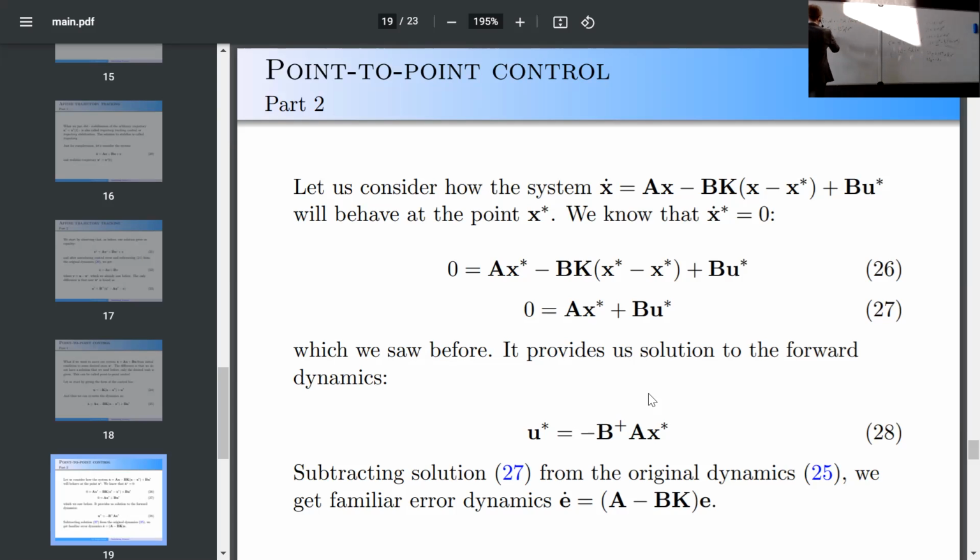What do I get? I get x dot equal to ax minus bk(x minus x star) plus b times b pseudo-inverse, which in this case should annihilate to identity. Why? Because this should provide a zero residual solution. If it didn't, it wouldn't have to annihilate.